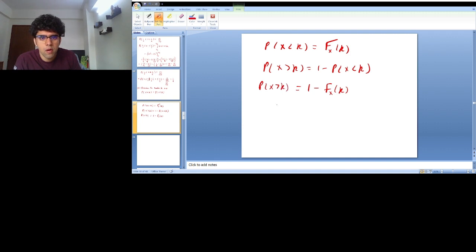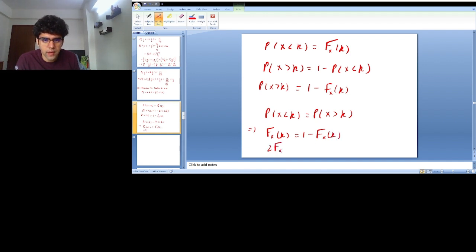So my P(X less than k) is equal to my P(X greater than k) when F_X(k) is equal to 1 minus F_X(k). So taking this to the other side, 2F_X(k) is equal to 1, which implies that F_X(k) is equal to 1 by 2.